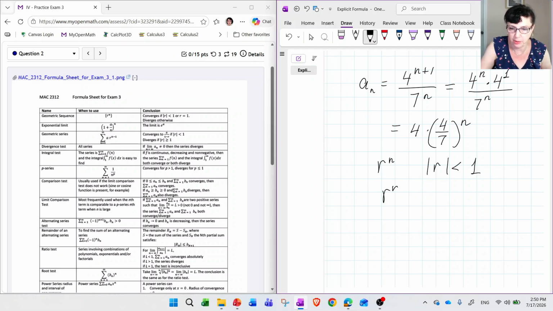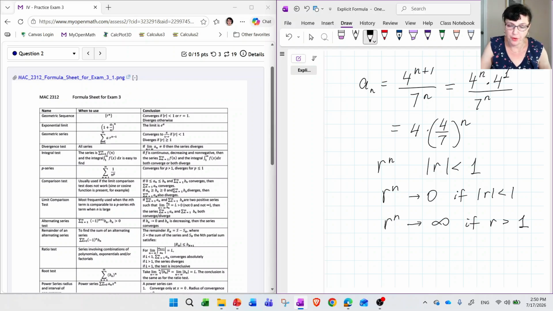If r is positive and more than 1, then it goes to infinity. If r is equal to 1, then that's just 1, so it approaches 1. But if r is negative and less than negative 1, then it is going to diverge.